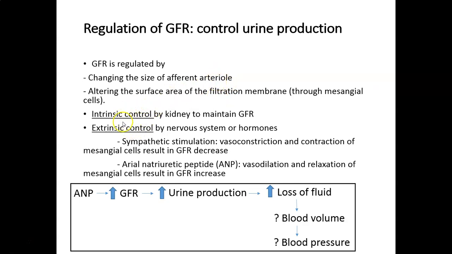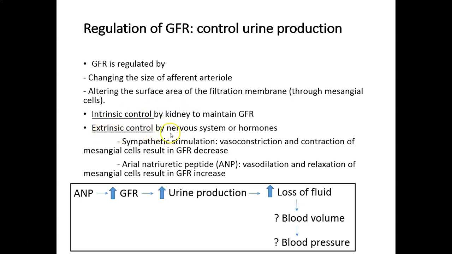But then there are two ways to alter those two variables. One is intrinsic control, one is extrinsic control. Let's look at the extrinsic control first. The extrinsic control, in general, we have used those terms in multiple organ systems already. That means the control is exerted by the nervous system or hormones. It's not by the organs in this organ system themselves. So intrinsic is by the kidney.